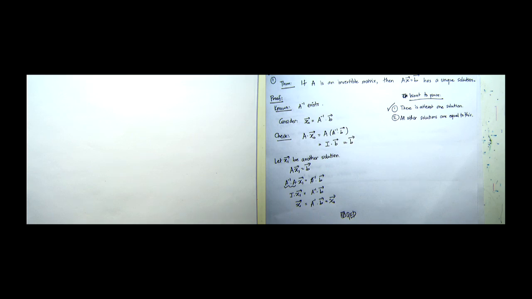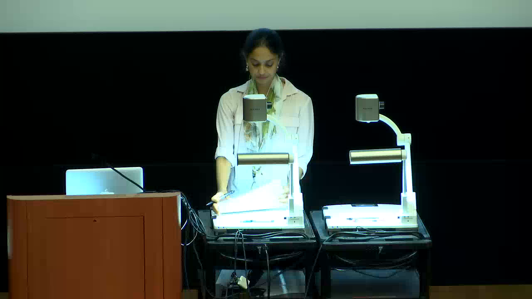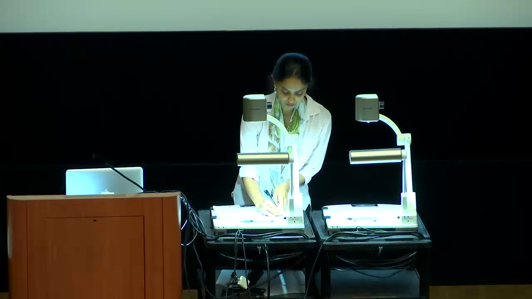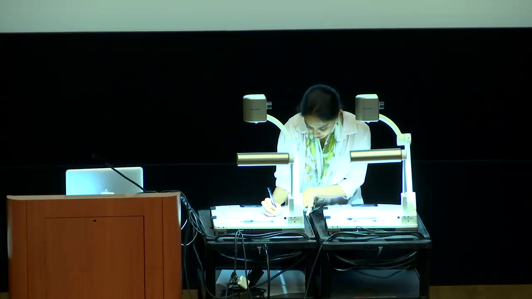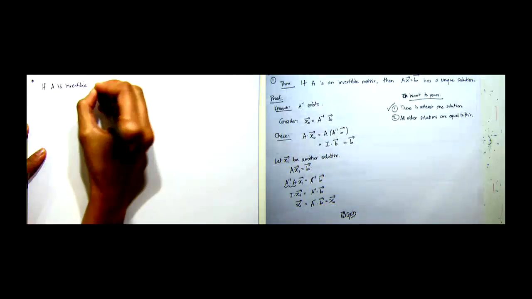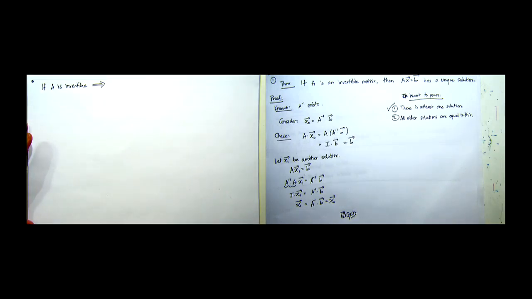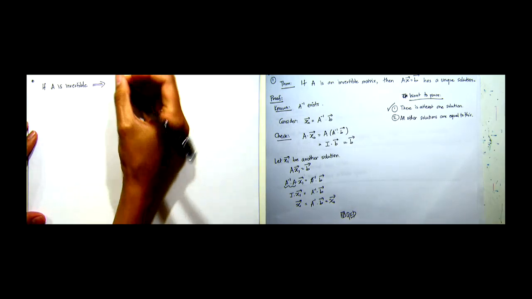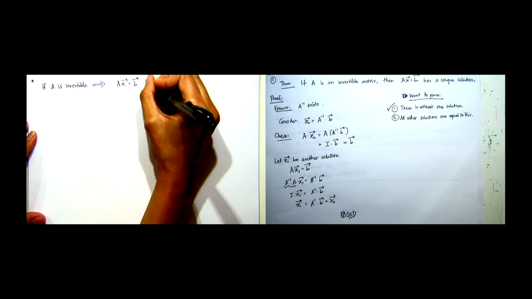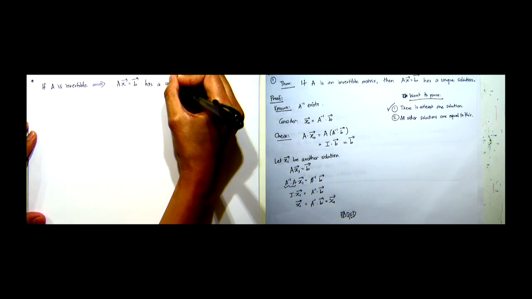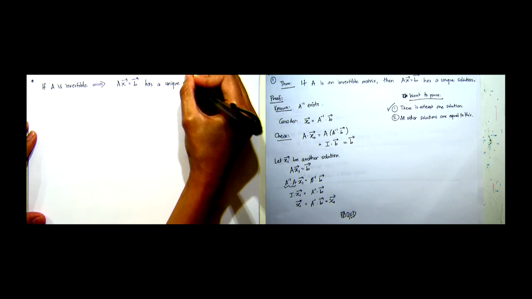So now that we have these theorems, we now know two things. That if A is invertible, this implies, we just said, that AX equal to B has a unique solution.